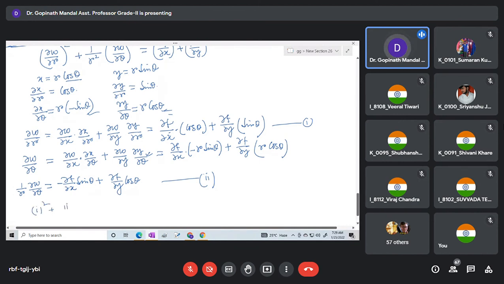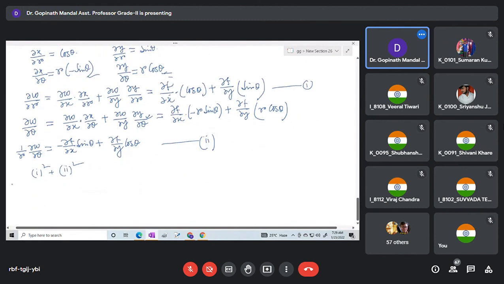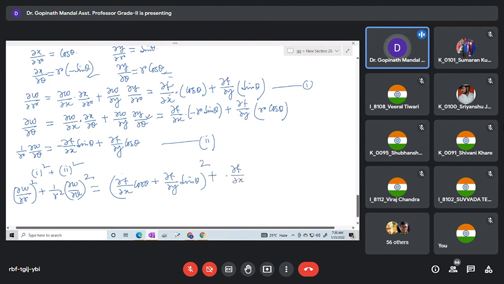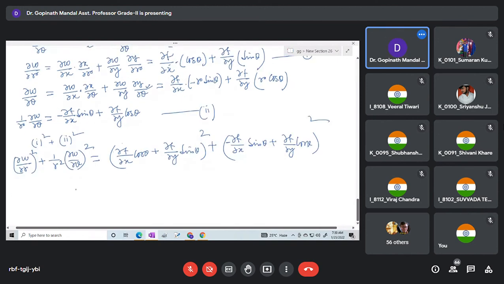Now square these two equations and add. So the left hand side will be (∂w/∂r)² plus 1/r² (∂w/∂θ)². The right hand side: (∂f/∂x cos θ plus ∂f/∂y sin θ)² plus (∂f/∂x times minus sin θ plus ∂f/∂y cos θ)².